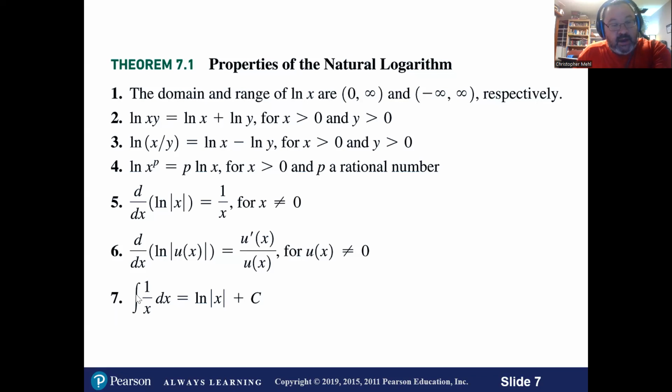Okay, and number 7 is going to be important for us for what follows, that the integral of 1 over x dx is the natural log of the absolute value of x plus c. Okay, so we're going to make use of that. Number 5 we've proven in several different ways just now, and 6 is just the chain rule applied to the natural log.